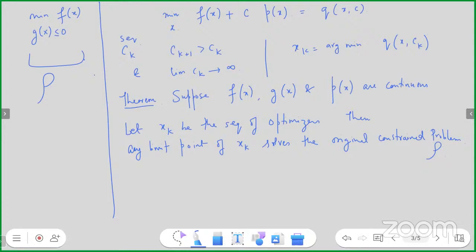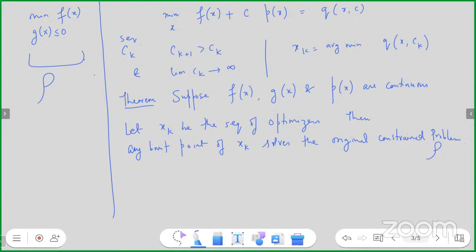So f of x star is greater than or equal to f of xk. Yes, that's what you show. We were saying the last inequality was all greater or equal to the same, right? So if we can show for some particular k the reverse inequality.